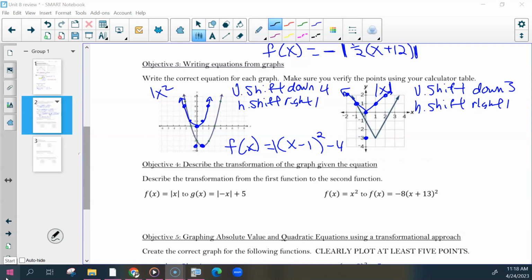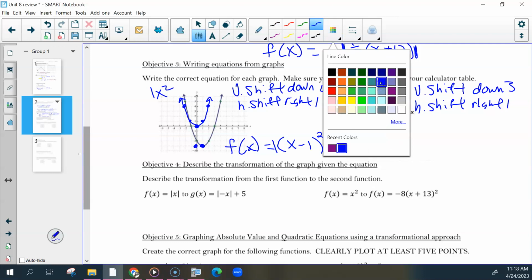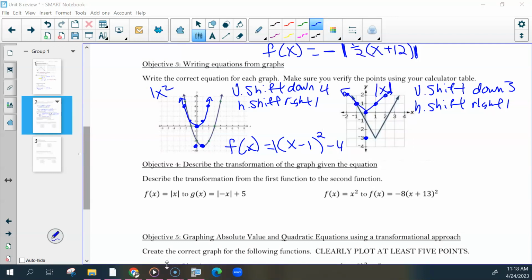Okay. Right before, Wilson said there was a vertical stretch, and that did happen. So if you were to count your slope, it would be a vertical stretch by 2. So then we would use all of these to write our equation, starting with f of x. What would we put first of the 3 transformations?